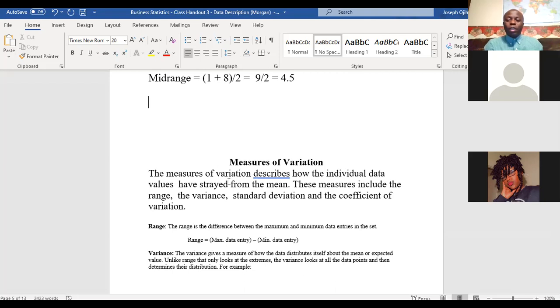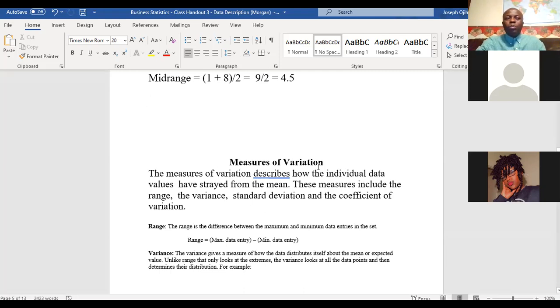Or if you're going 20 miles an hour in a road that is supposed to be 50 miles an hour, again, you'll be slowing down the traffic. That will also attract the cops. So those measures that tell us how far away our data values have strayed from the mean or from the center are what we call the measures of variation.